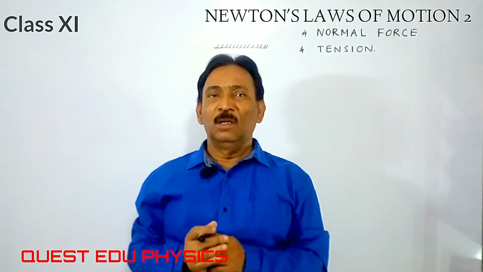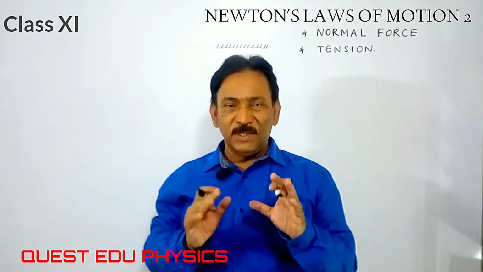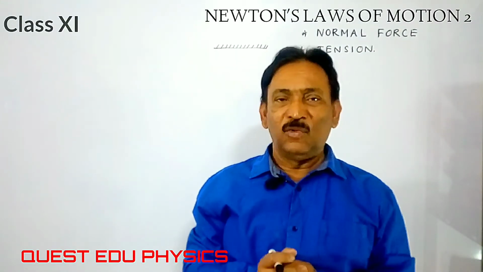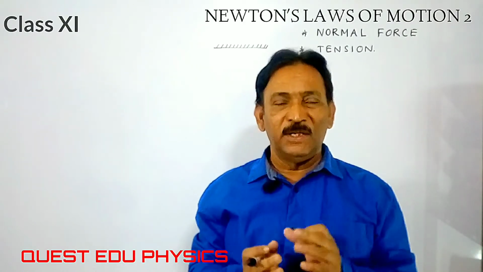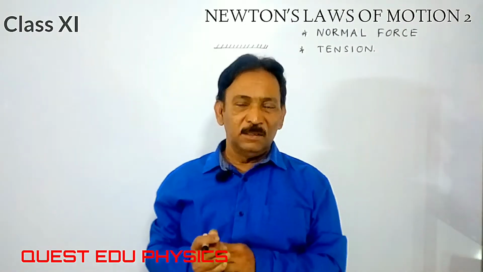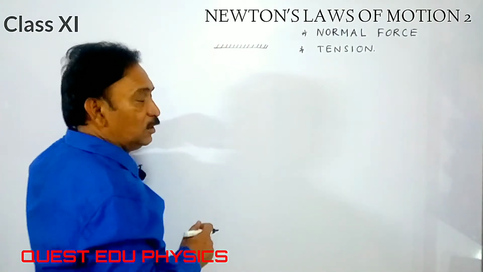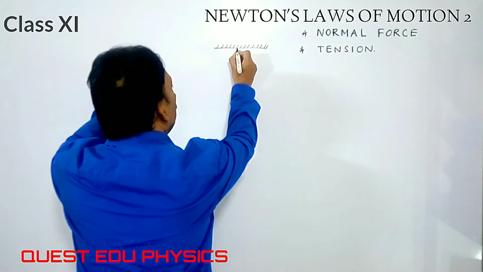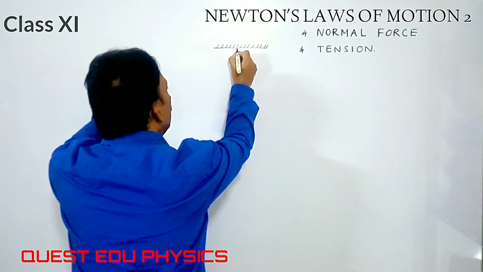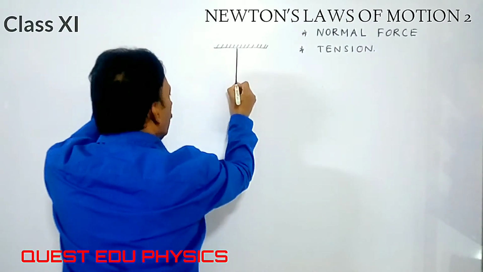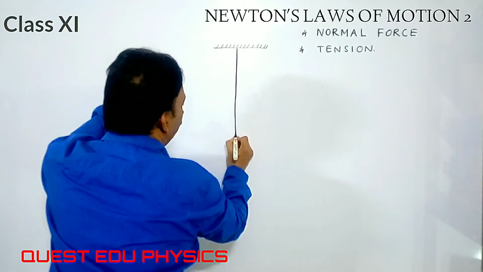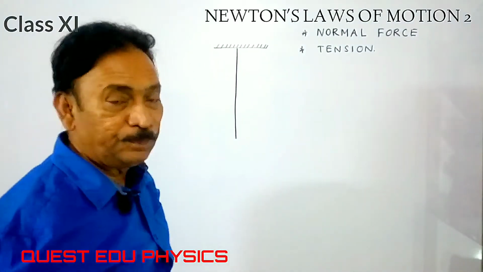Or simply we call a body rigid if it doesn't undergo any kind of deformation, that means change in state, when forces are acting on it. Generally we take an iron bar as a rigid body. Here it is a rigid surface from where we suspended a string. I told you it is an inextensible and massless string.